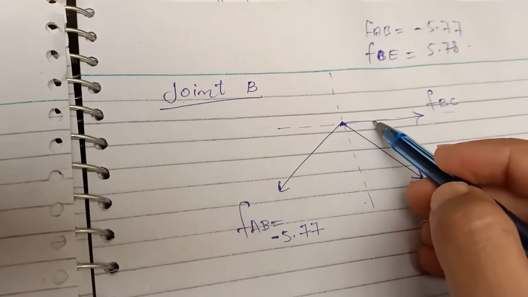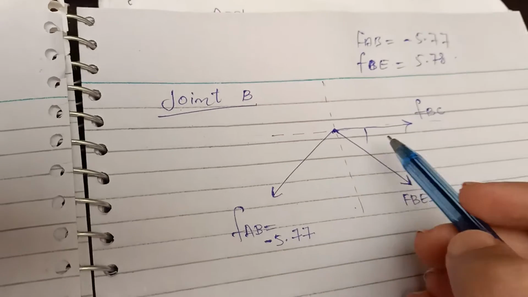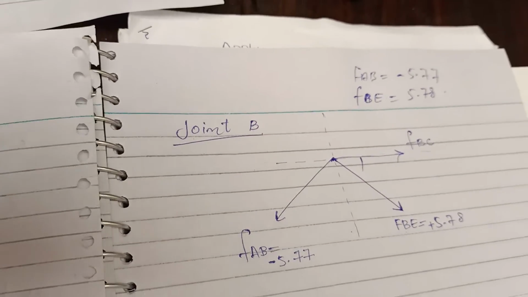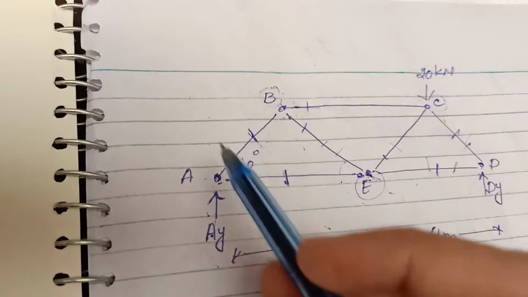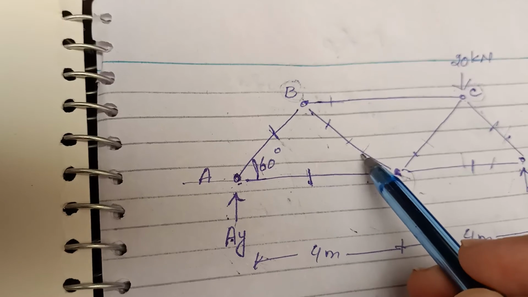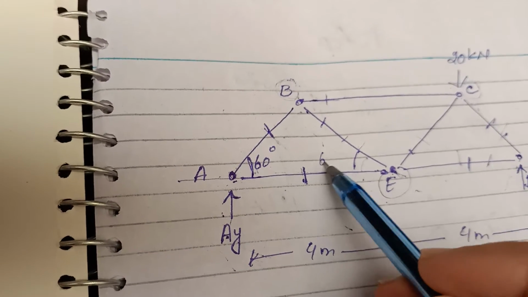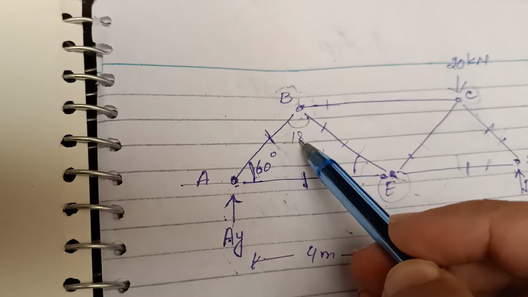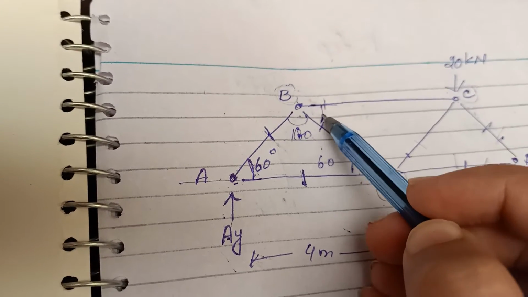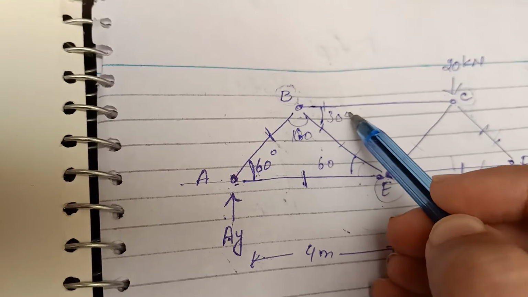Now just remember, there is another concept here. See that this is your 60 angle, and this angle is equal to 60. This angle is not 360, it should be 30.